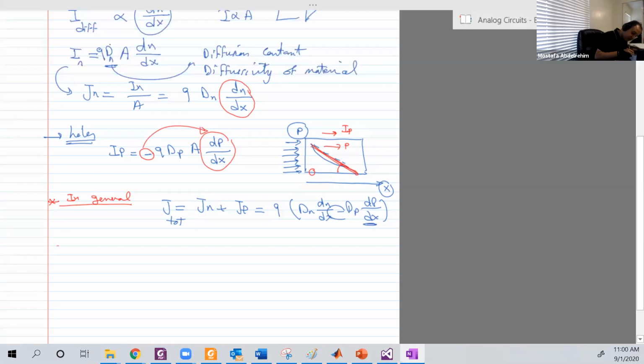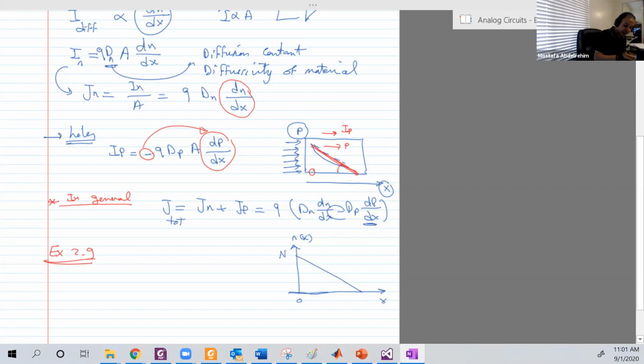One of the examples. Now I have the example number, Muhammad. You were asking about the example number. For this one, I have it. So exercise 2.9 says that if you have a material, and it's any type of material, and you have n as a function of x, it is basically something like this.